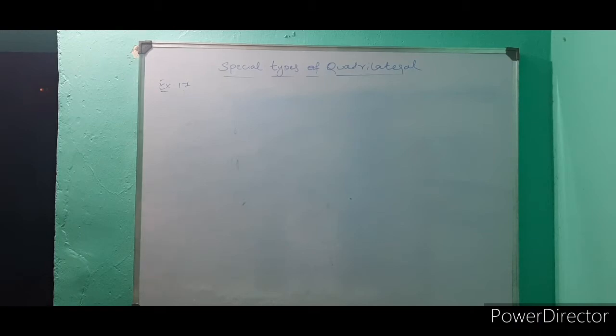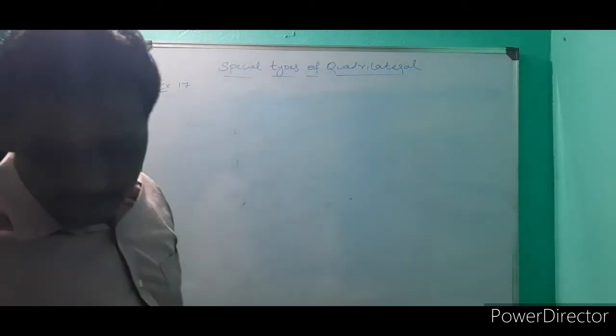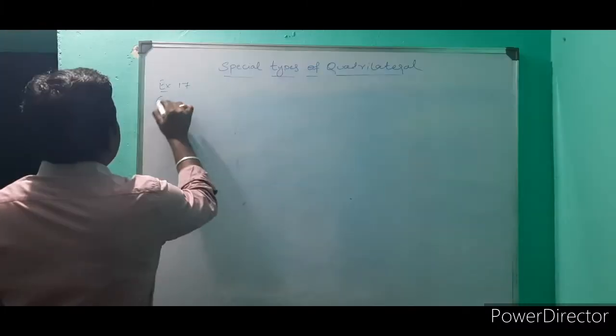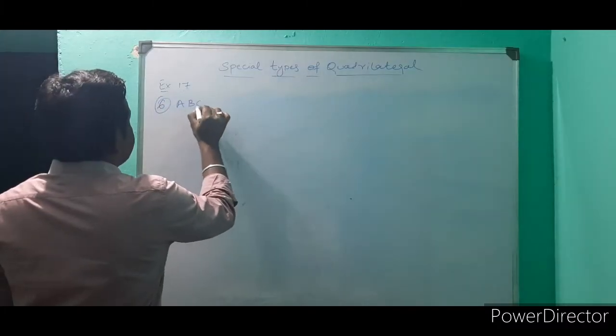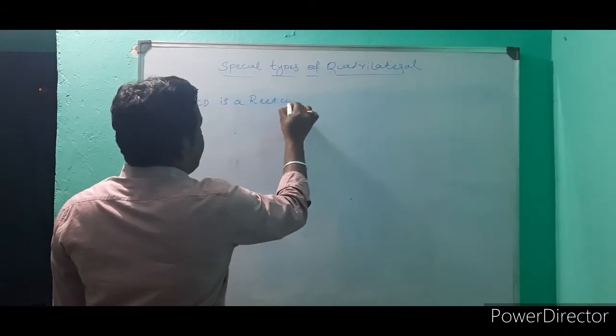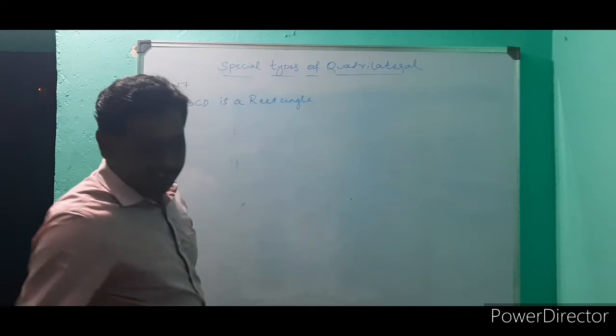Next problem is in a rectangle. ABCD is a rectangle.